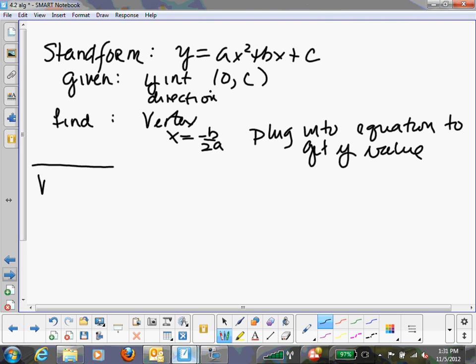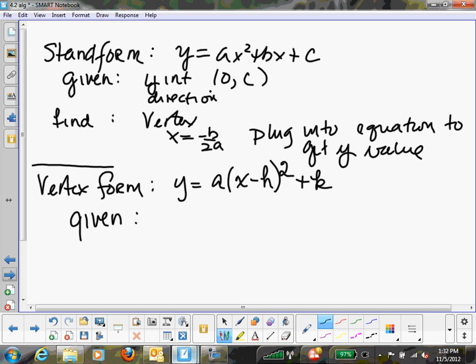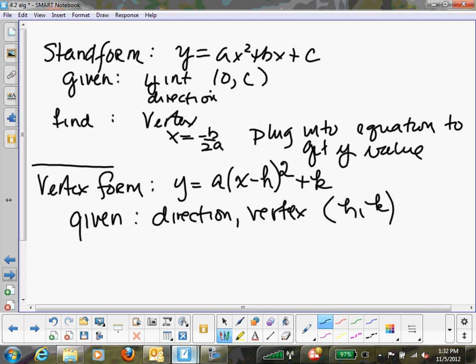So then we have vertex form. In vertex form, y equals, okay? What's given? The direction and the vertex. And it's going to be h comma k, correct? In other words, it's the opposite sign of what's here, right?